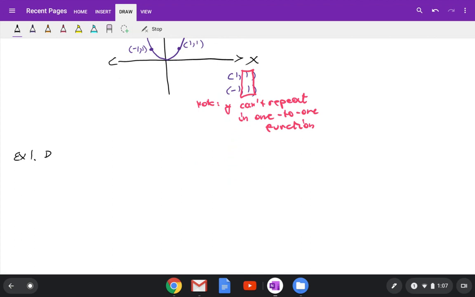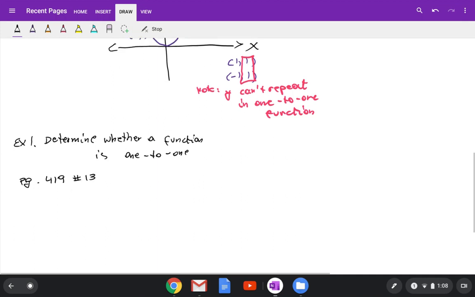We have to decide whether a function is one-to-one, where one x goes to one y. The example I'm using is from your textbook, page 419, number 13.